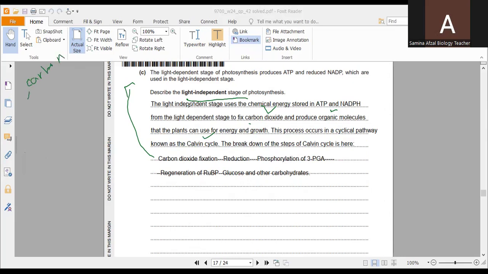Carbon fixation is the very first step of the Calvin cycle.